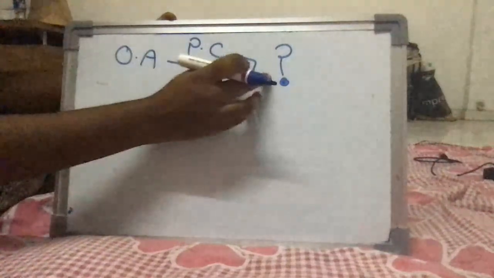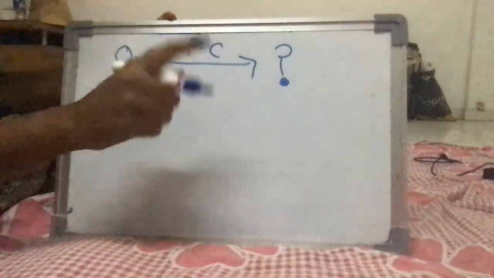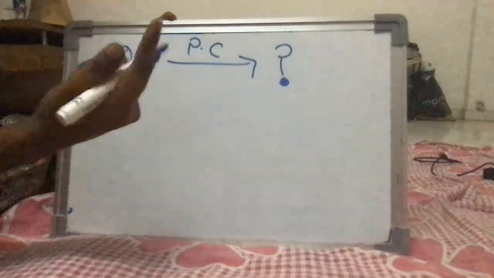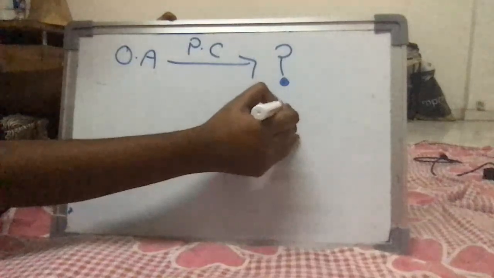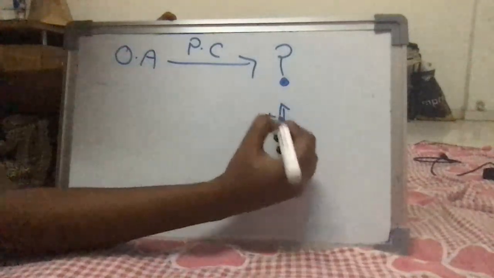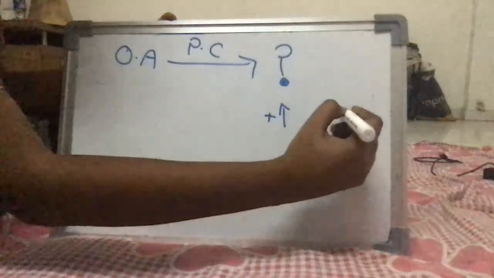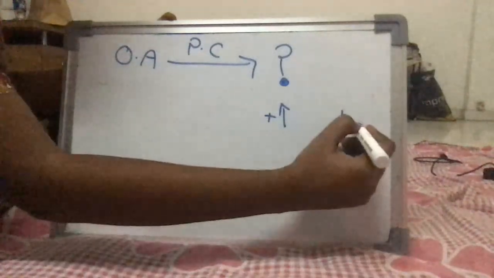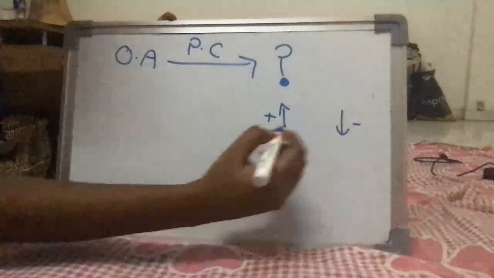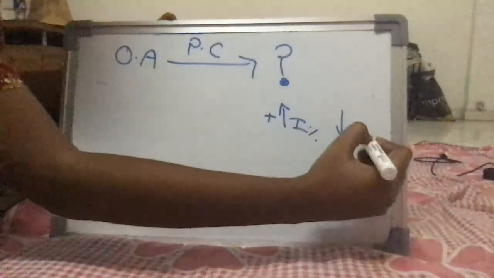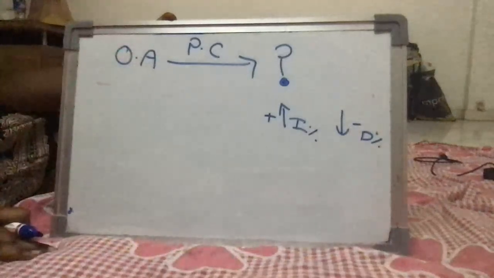The percentage can be an increasing percentage or a decreasing percentage. For an increasing percentage, I keep an arrow up or a positive sign. It means it's increasing. For a decreasing percentage, I keep an arrow down or a negative sign.